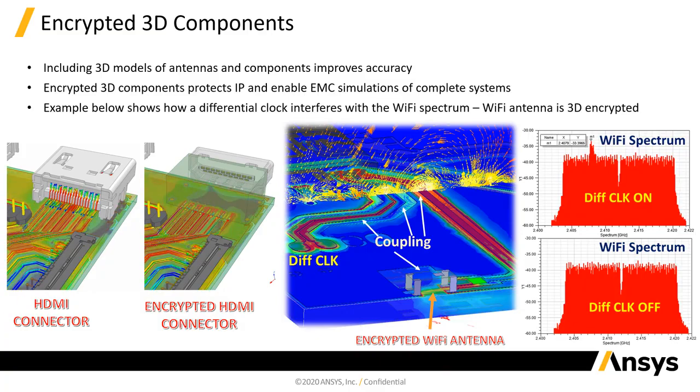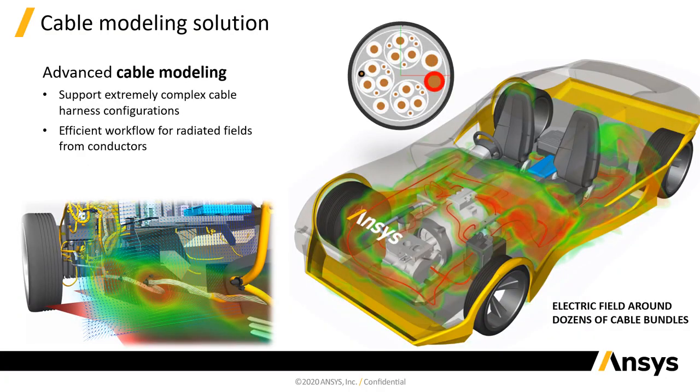We also have in HFSS an advanced cable modeling solution. When we are thinking about cables, a car has dozens of miles of cables, and if you take a look at the cross section of the cables, we have hundreds, maybe thousands of conductors in there. If we try to simulate that using the rigorous finite element method, with thousands of cables, that's not practical.